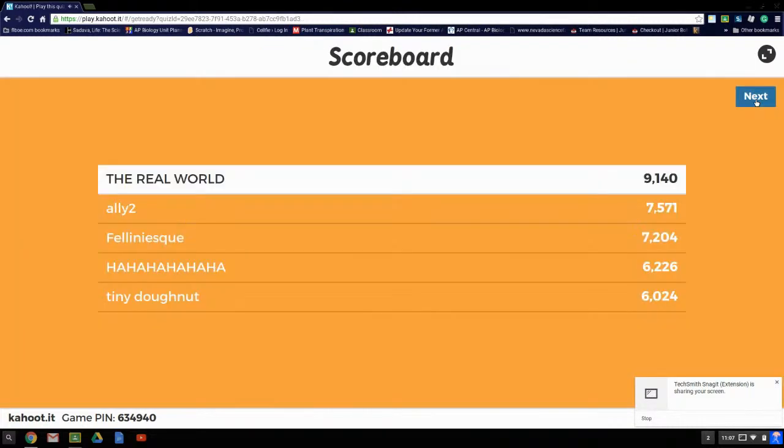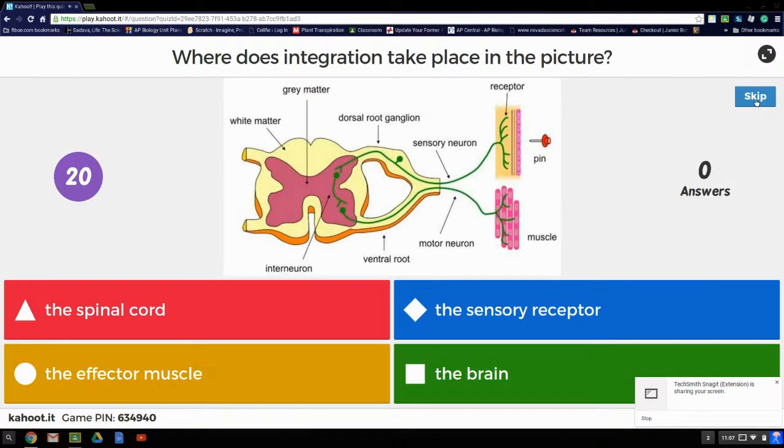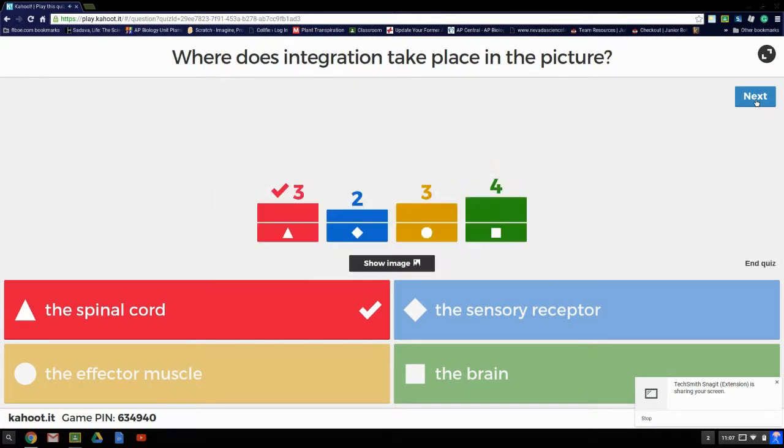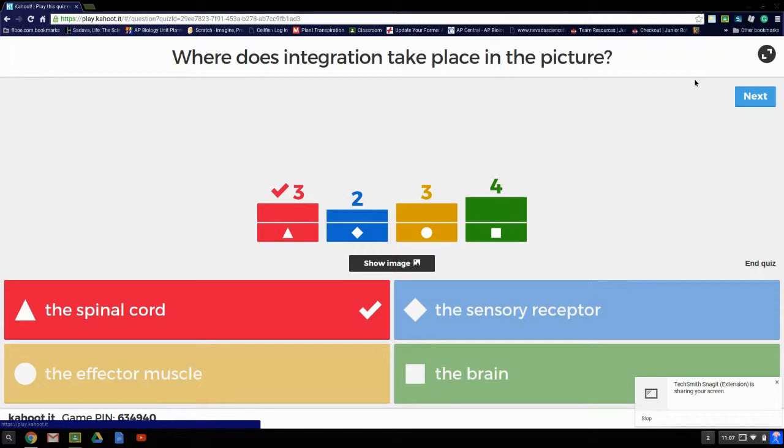That's a key one. Right, so integration happens in the spinal cord, especially with the reflex arc, right?